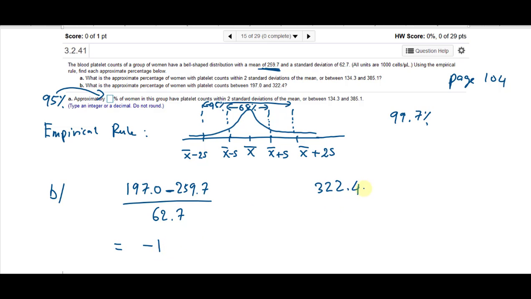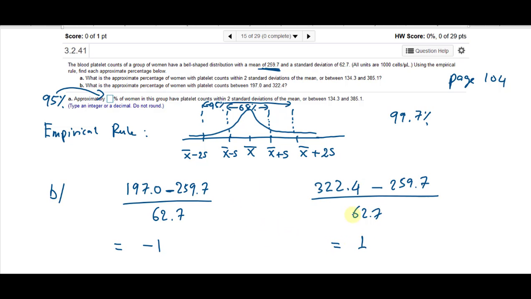And then the same thing here, we have the data point, we subtract the mean value, and then we divide by the standard deviation, 62.7. And that would give me +1.